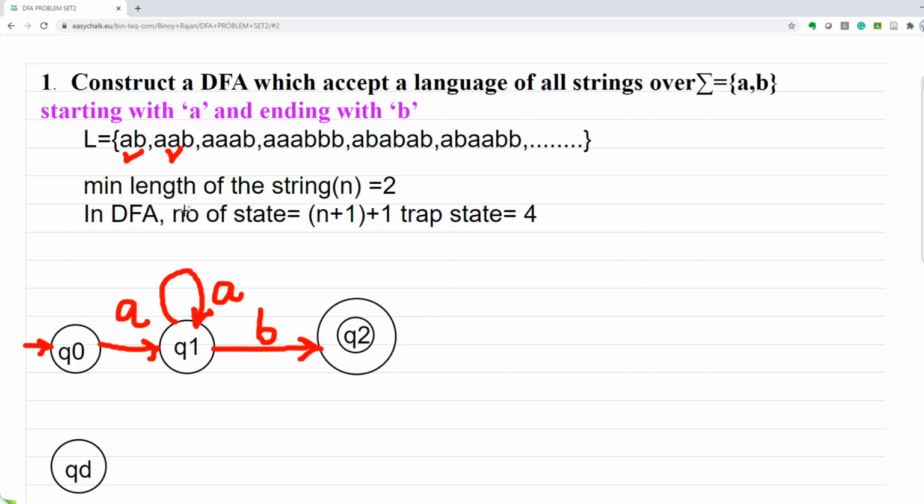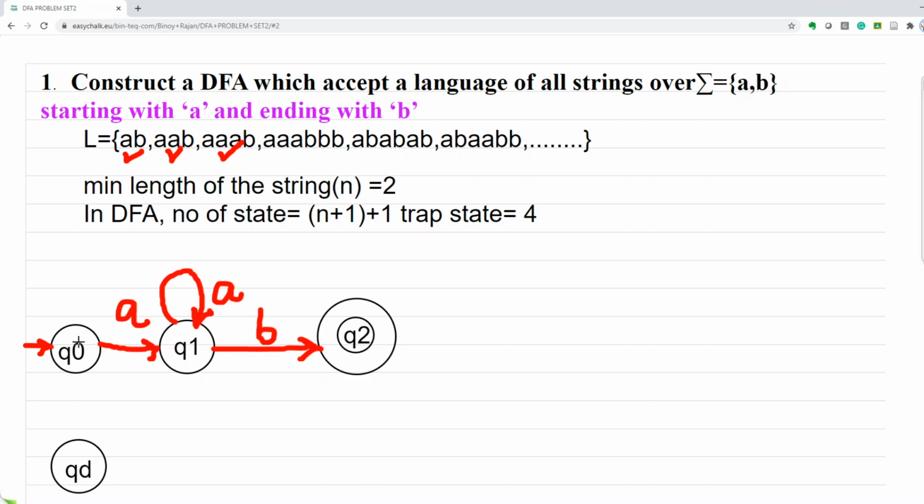Now what about three occurrences of A? Q0 to A, I reached Q1, Q1 to A I am in Q1, and Q1 to A I am still in Q1, and Q1 to B I reached the final state, and this string is accepted. So three occurrences of B is also possible. Now what about three occurrences of A and three occurrences of B?